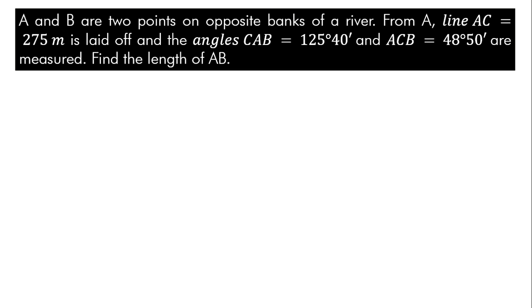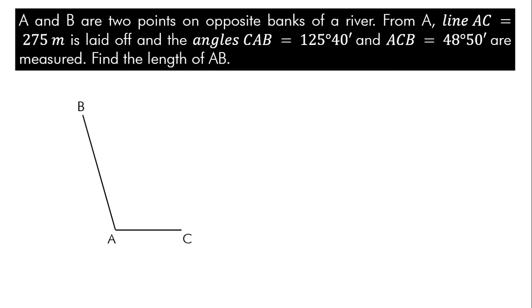Okay, so given that we have two points A and B, we also have the line AC. From A, we have line AC, which is 275 meters in length.